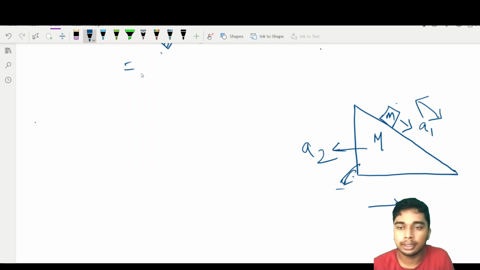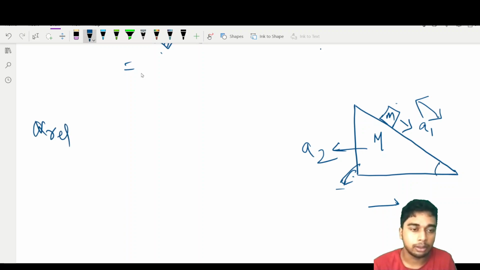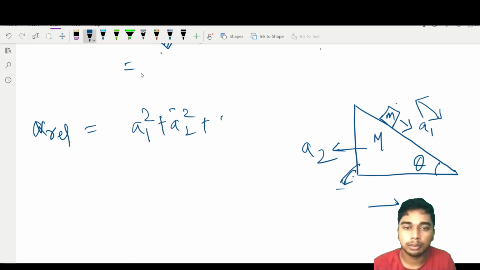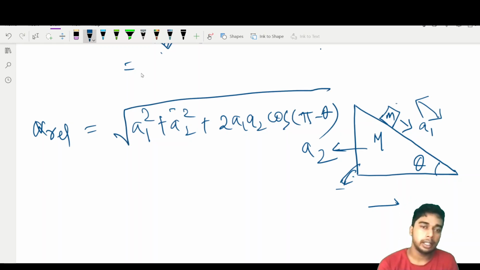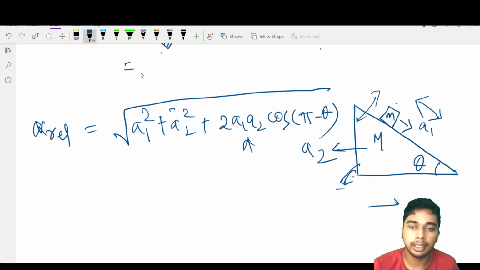So I will write the relative motion. If I consider this angle as theta, then a relative squared equals a1 squared plus a2 squared plus 2 a1 a2 cos(pi minus theta). Now I have to consider what the relation between them will be. If I put A1 and A2 here, then I will get a simple form.